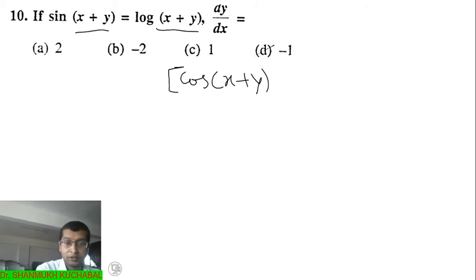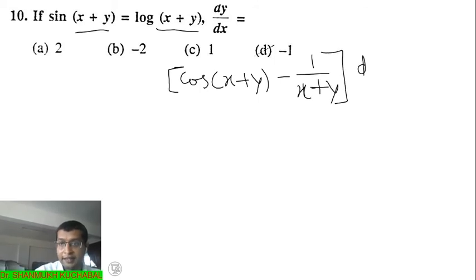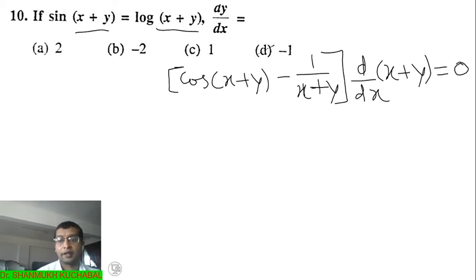If you transport this to the LHS, it becomes minus 1 divided by x plus y, and we have taken d by dx of the inner function x plus y common. So further it equals 0.